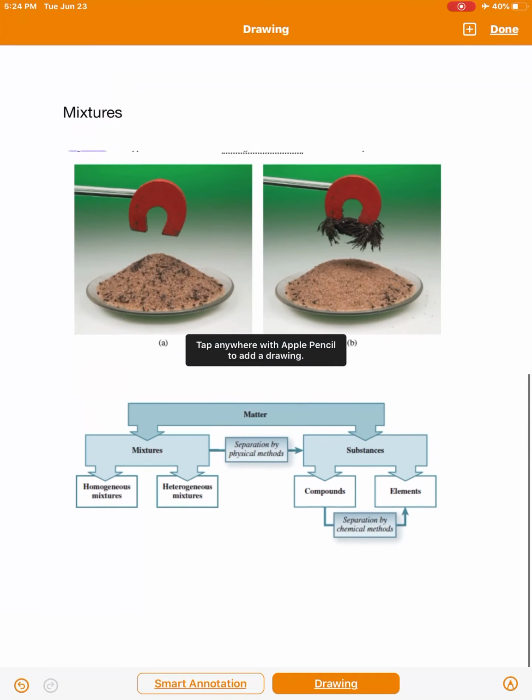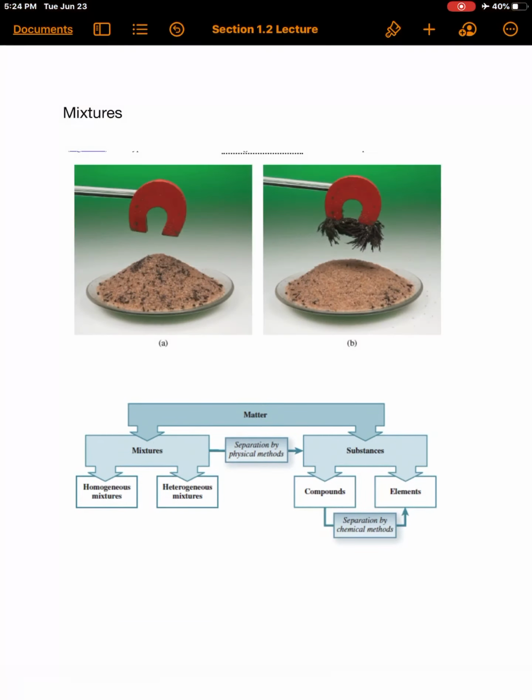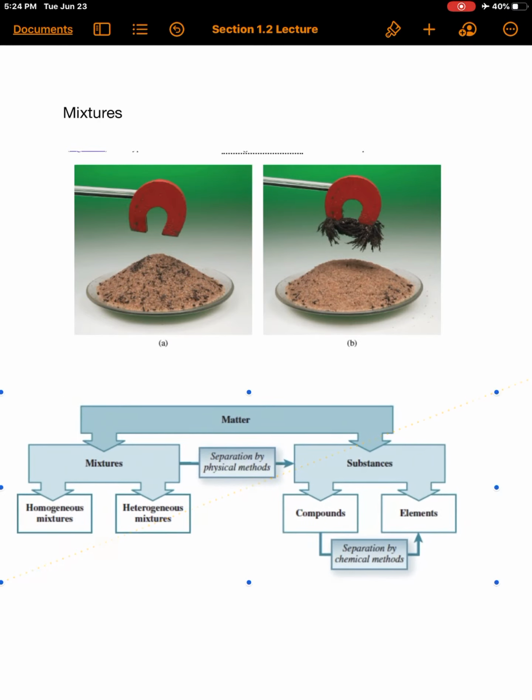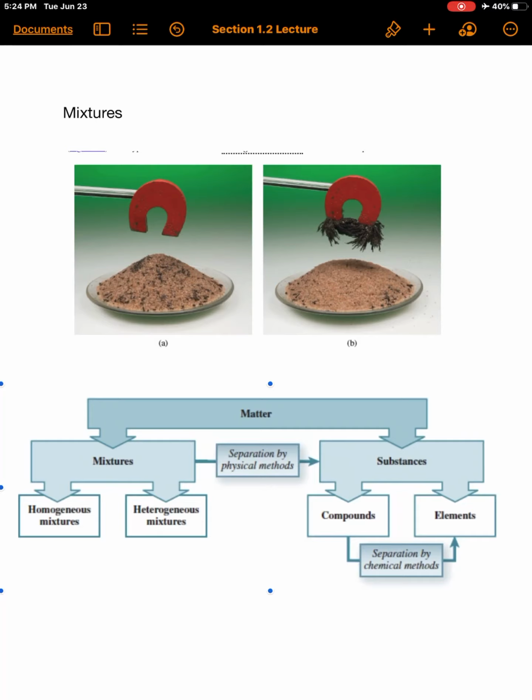Okay? So here's a little flow chart of how we could categorize matter. So all of the matter, there are mixtures on the left. Okay, so think of the sand with the iron filings. That's a mixture. And we could think of mixtures as having two possibilities. One is homogeneous, and the other is heterogeneous.